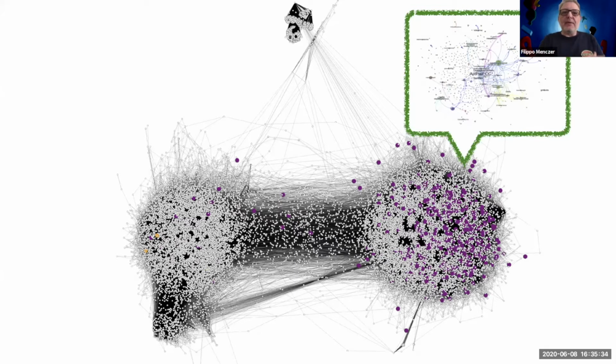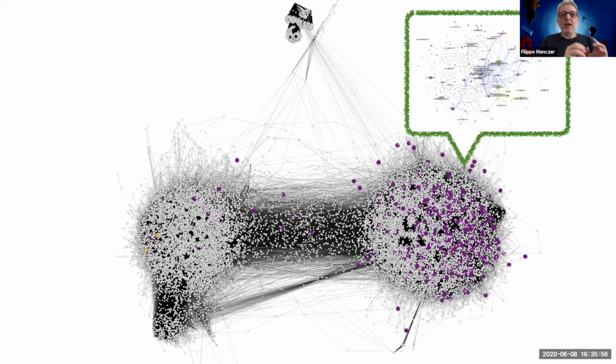And then on the left, you can see two lonely little orange dots, if you can see them on the screen. And those are the only two accounts that we could see in this visualization that were actually carrying a correction. Since, of course, this information was debunked very early on by reputable sites, including Science.